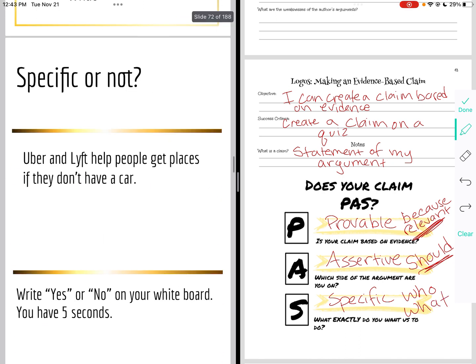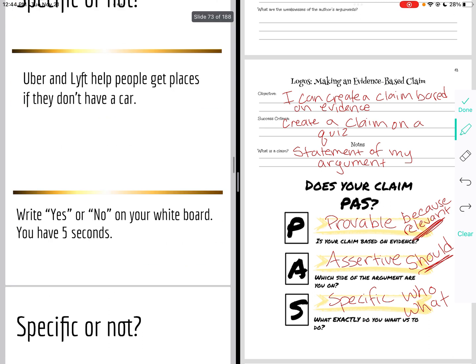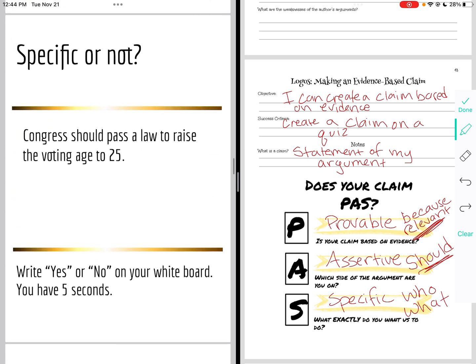So is this specific? Uber and Lyft help people get places if they don't have a car. Does this claim pass? 5, 4, 3, 2, 1. While it does give us a who and they do something, it's not assertive, so it's not a good claim. It doesn't pass. Congress should pass a law to raise the voting age to 25. Does this statement pass? 5, 4, 3, 2, 1.